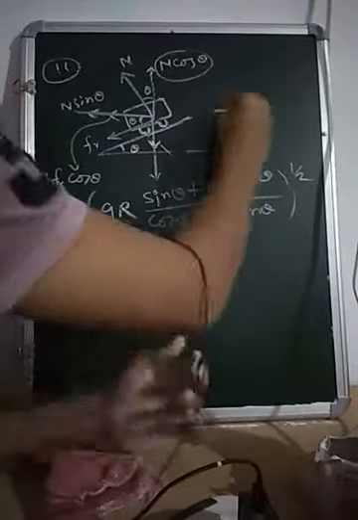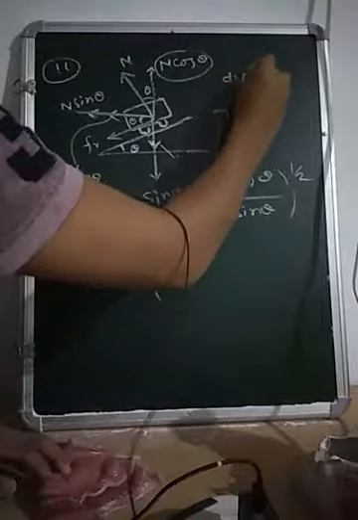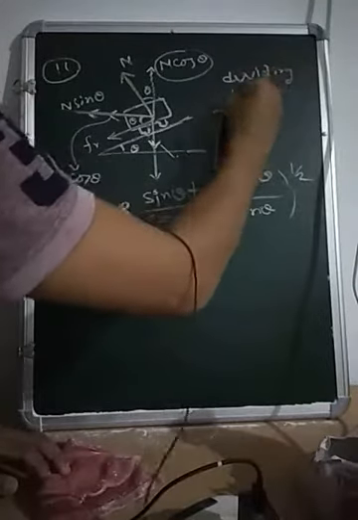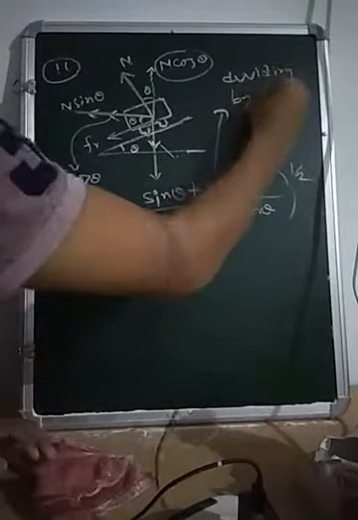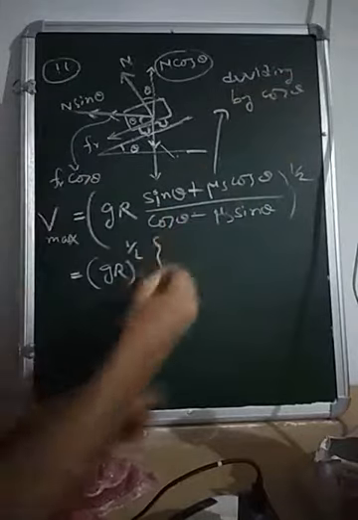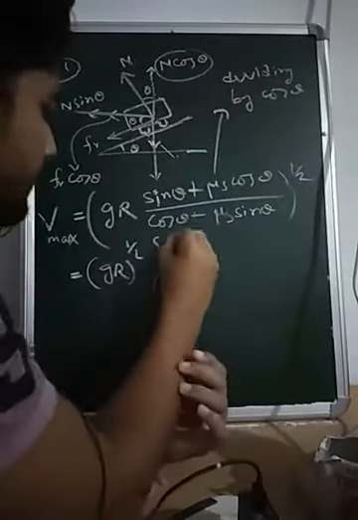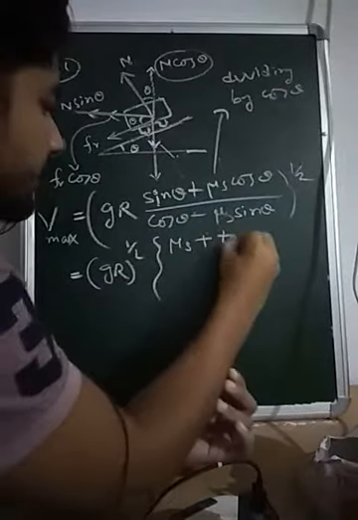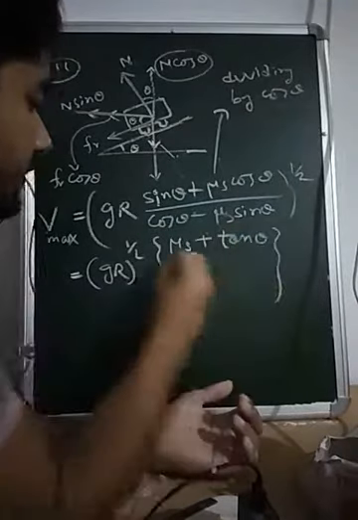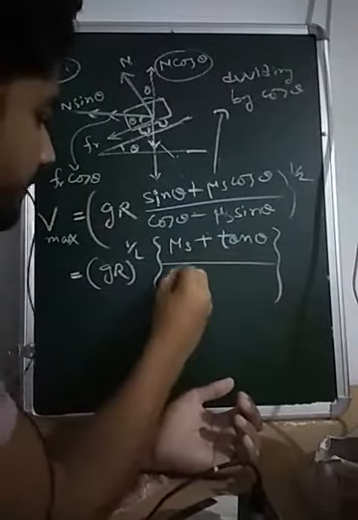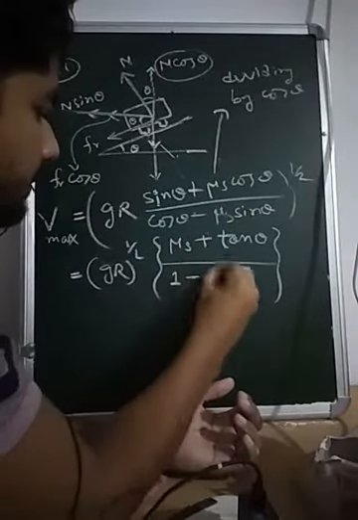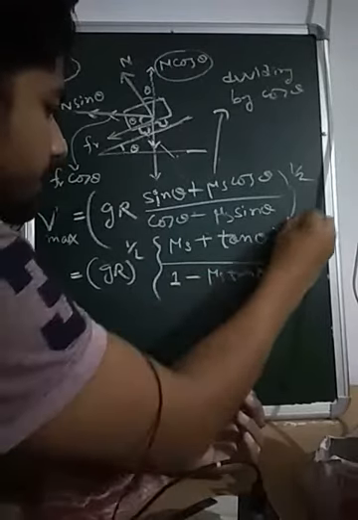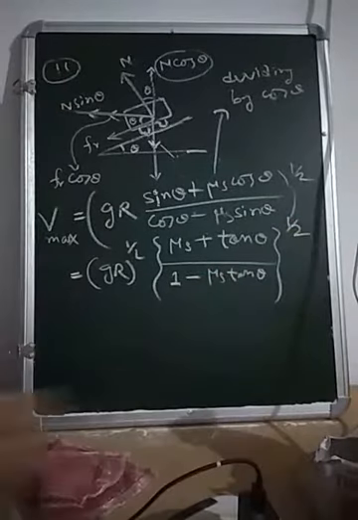Dividing both numerator and denominator by cos theta, it will give how much? So mu_s will be isolated, plus sin theta by cos theta, tan theta. Then here 1 minus mu_s tan theta, to the power half, okay.